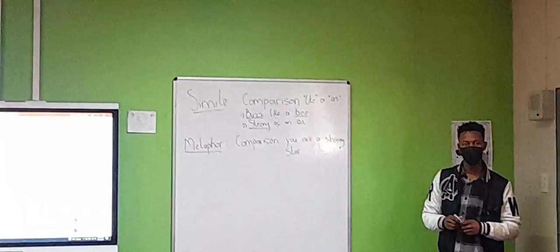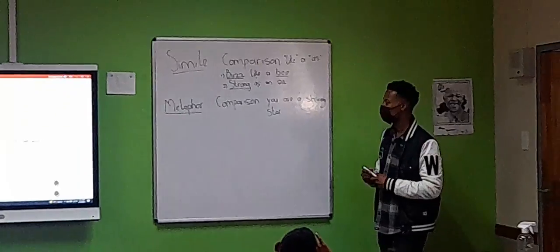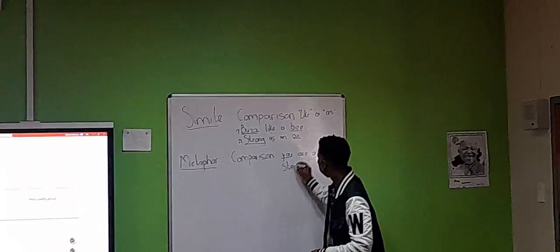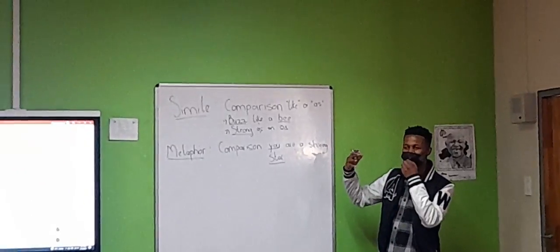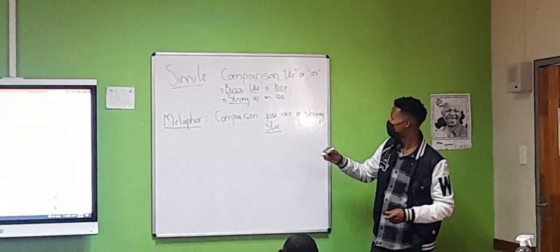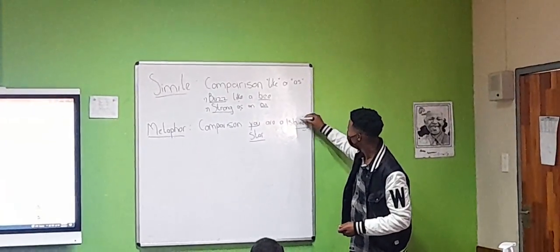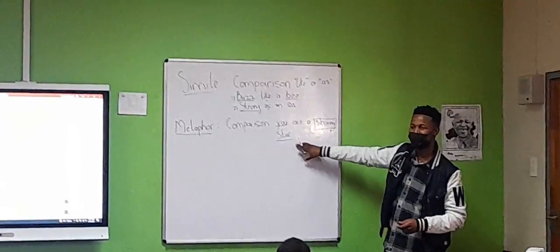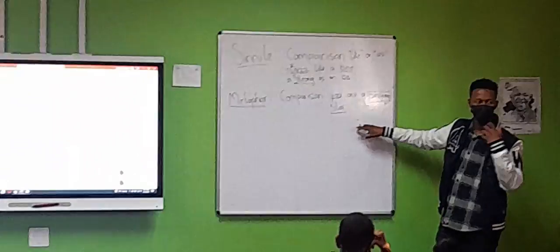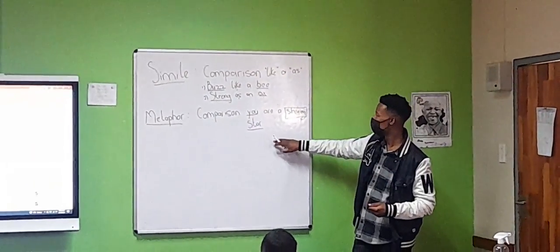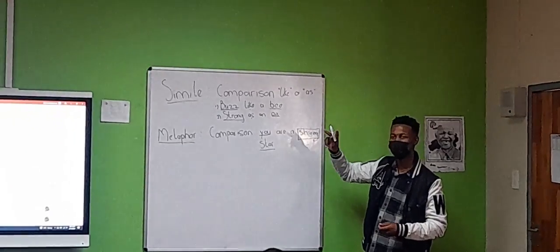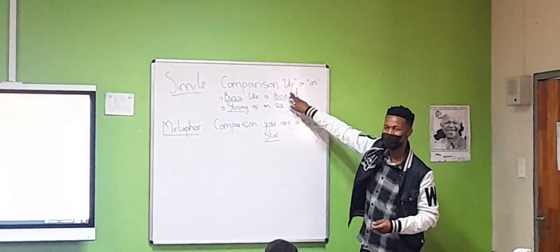A person and a star. And which quality are we trying to emphasize? The shining. Because we all know that stars are bright, so you might be trying to say that person is smart or very beautiful in some respects. So that's how you know it's a metaphor, where you compare two things without using the words like or as.